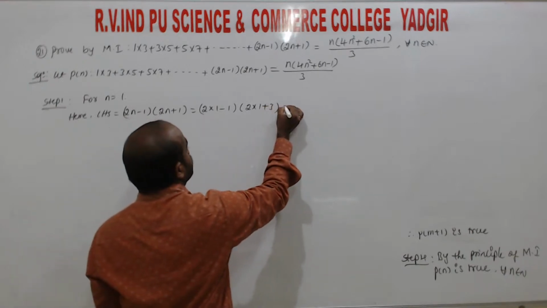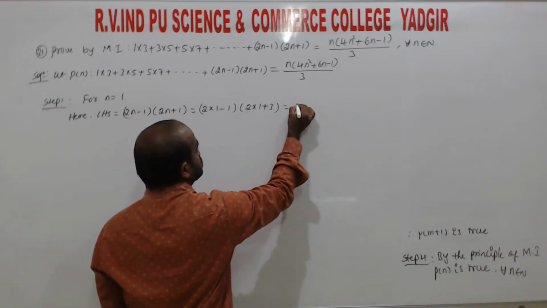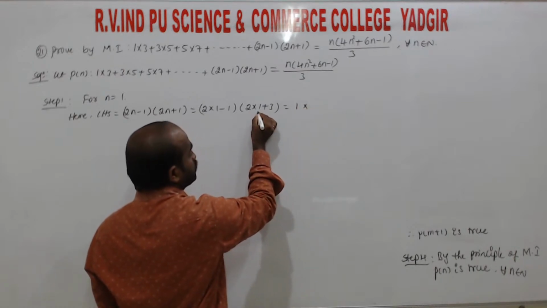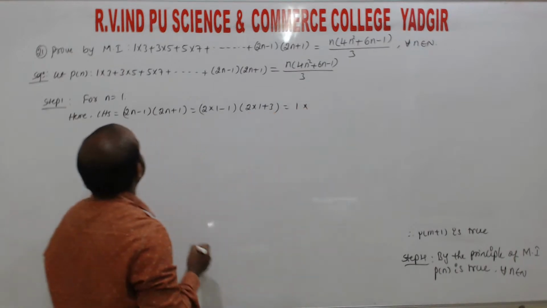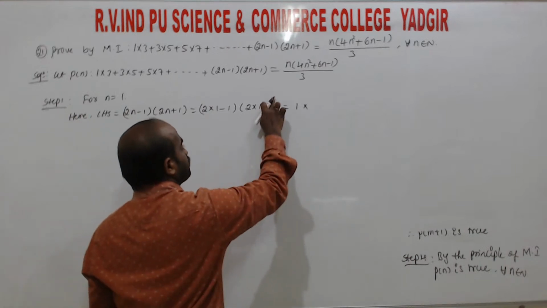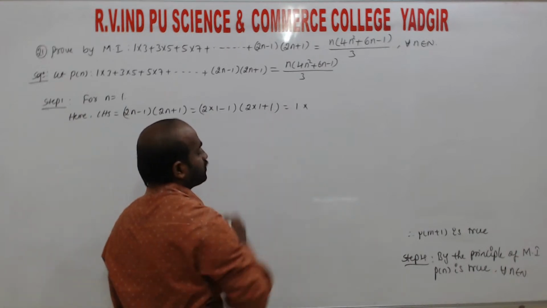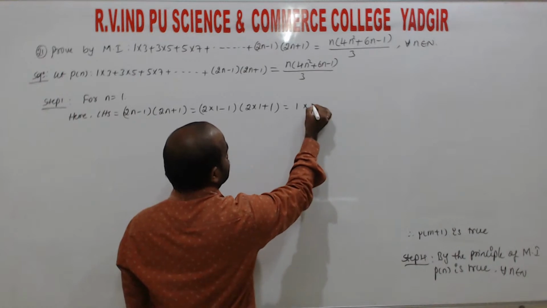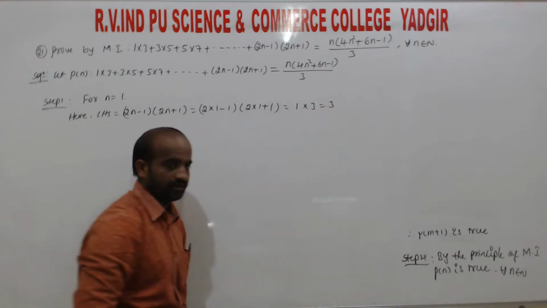Okay, 2 minus 1 is 1, 2 into 1, 2, 2 plus 1, 3, equal to 3.